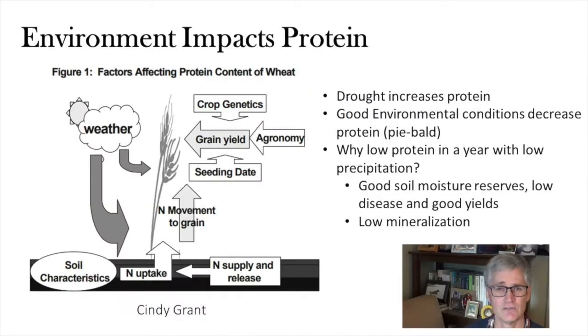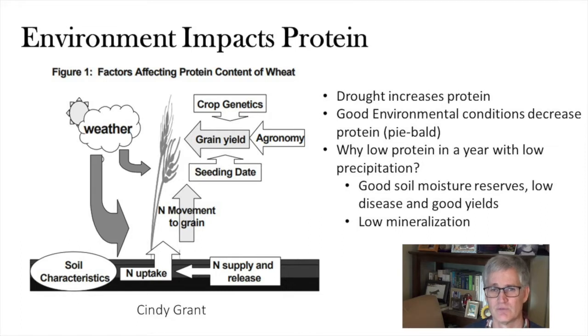But of course, as we all know, the environment impacts the amount of protein we get. If we have a drought and we have poor yields, we're likely going to have high protein. If we have a great season, we've got a bumper crop out there, we may find we've got low protein piebald grain. But what about a year where we have low protein and we had low precipitation? What happened then?